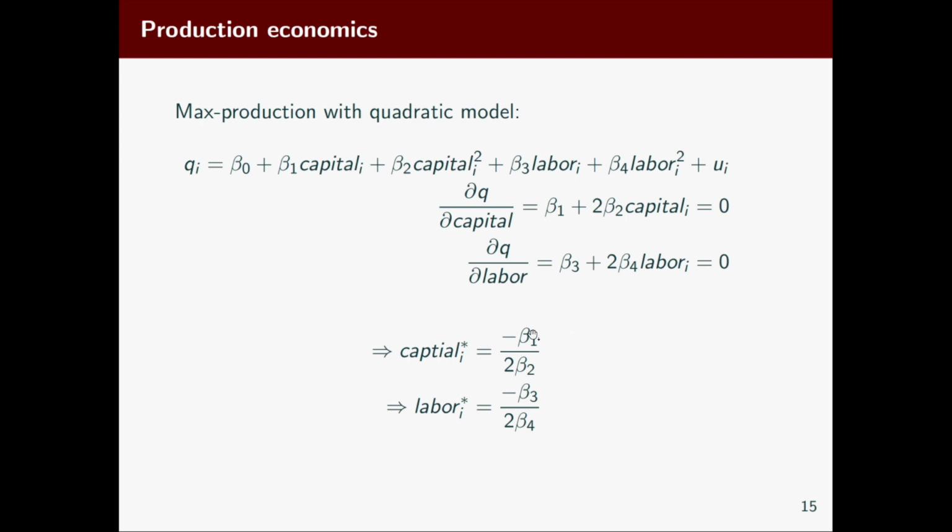What are beta 1 and beta 2? They come directly from our estimation, our econometric model. Once we run this top regression, we plug in our estimate for beta 1 and our estimate for beta 2, and perform this calculation, and that gives us the optimal level of capital. That's the level of capital that's going to maximize our production, Q. And similarly with labor.